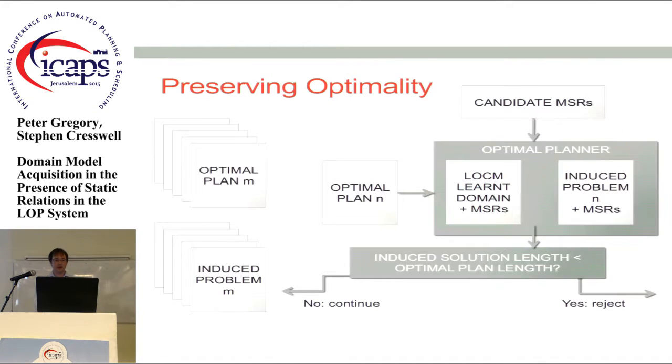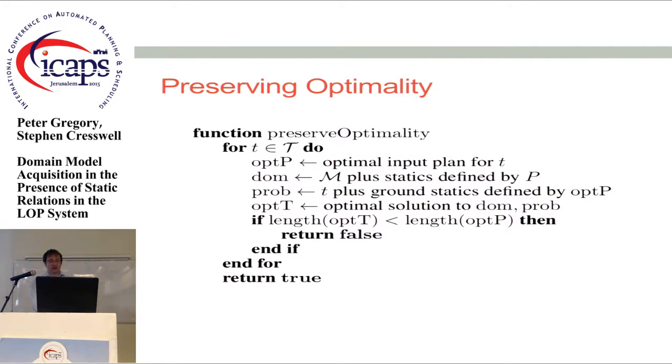To test preserving optimality, we take all of our optimal plans on the left-hand side and all of our induced problems, and we one by one put them into an optimal planner with some candidate minimum static relations, and we test whether the induced solution length is less than the optimal plan length. If it is less, then we reject that candidate set of relations, and we need to refine it some way. If no, we continue until we get to the bottom of this stack, and then we say, hooray, they look fine. So this is just the same thing written in algorithmic form.